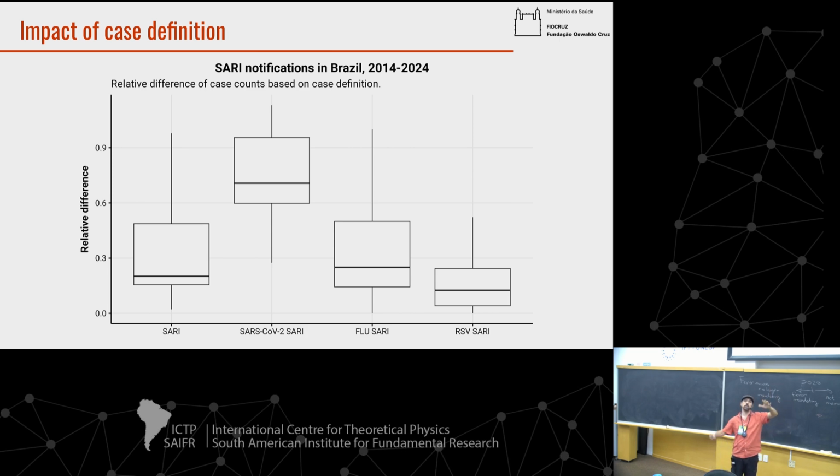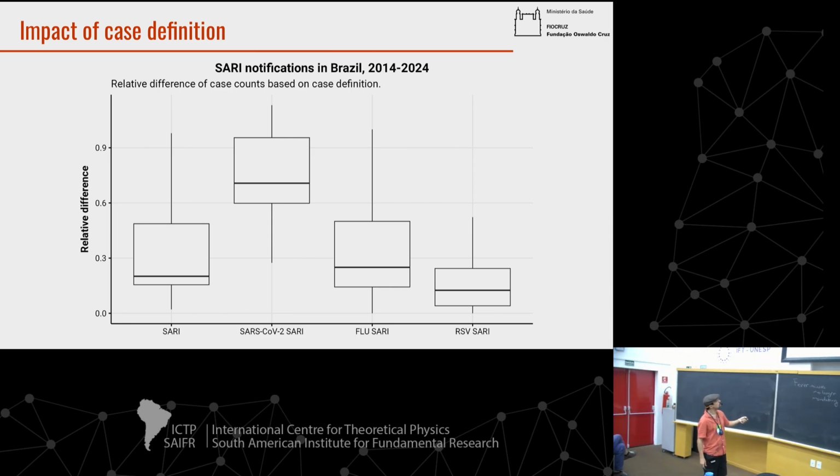And if we restrict ourselves, we filter the data out, making sure that they respect the case definition, that is, the symptoms are compatible with what we want. And what we see is that for SARI in general, we have about a 20% increase in the total number of cases if we don't take into account the reported symptoms.